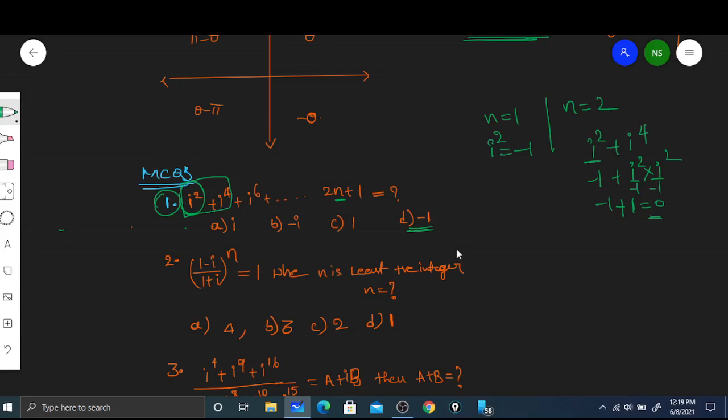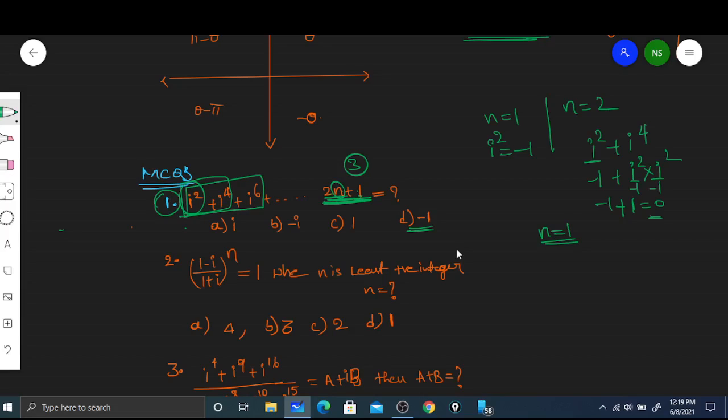But you see here they are talking about 2n plus 1 terms. That we should also remember. If you take n value 1, 2n plus 1 is 2 into 1 plus 1, which is 3. So 3 terms you need to take.